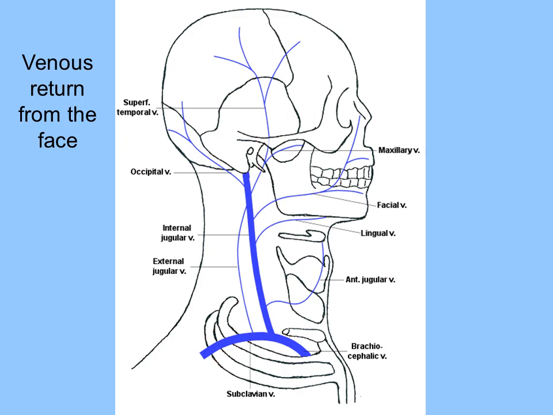The angular vein is an important vein as it connects directly to the cavernous sinus within the brain. So an infection in and around the area of the angle of the nose can leach into the angular vein and cause problems in the meninges of the brain.